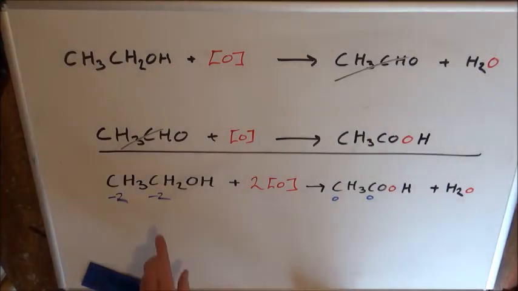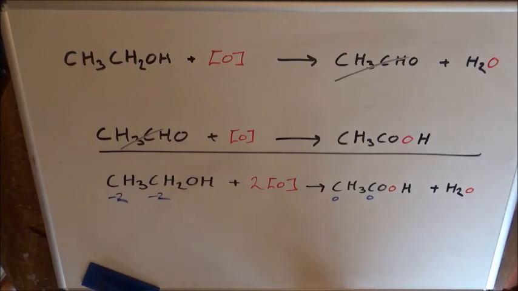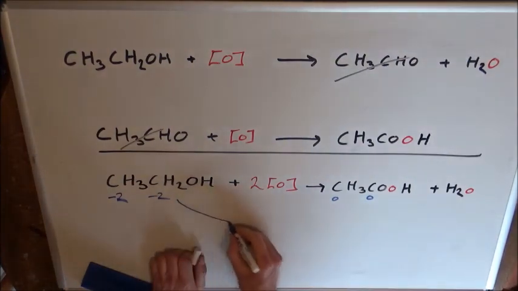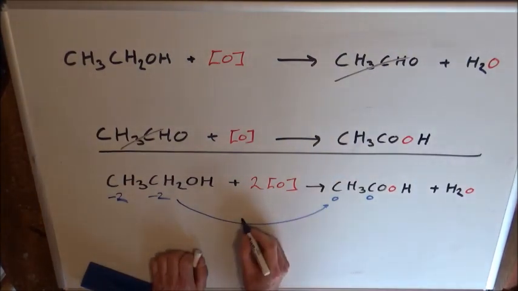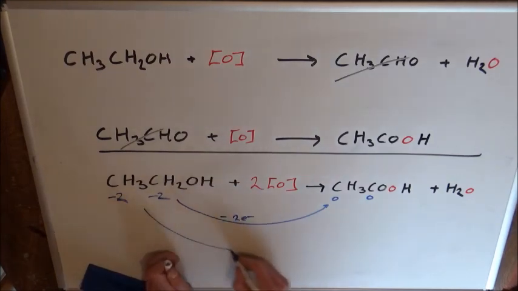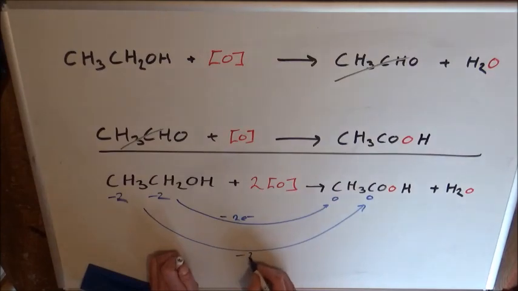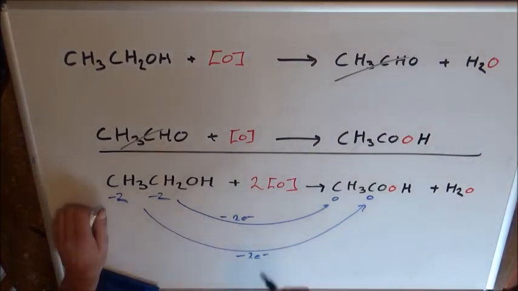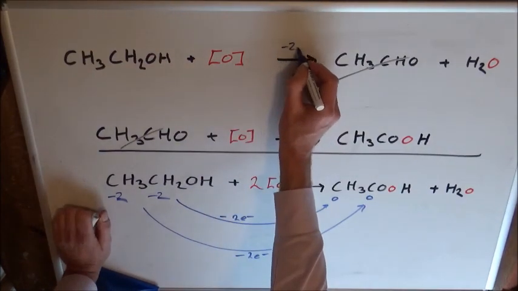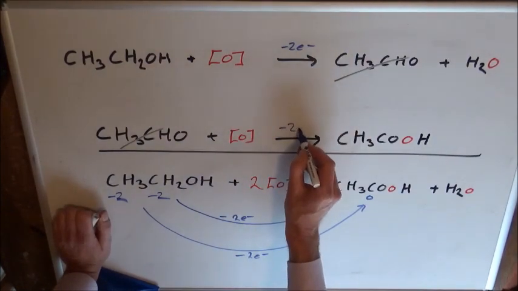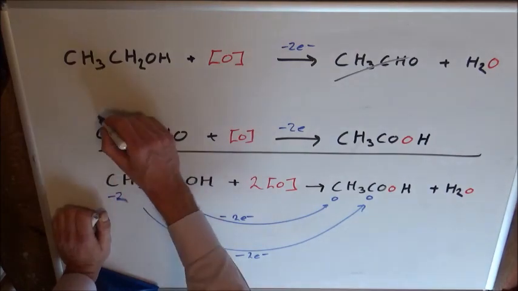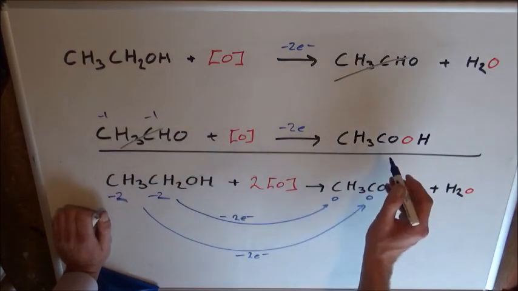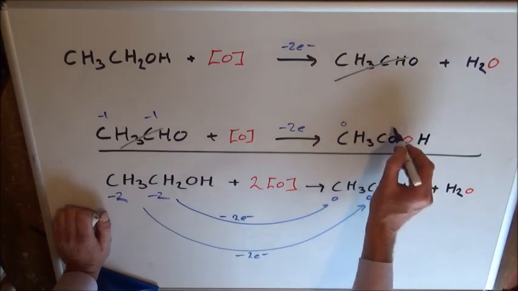Now here, of course, I've shown it in one big step. So to get from -2 to 0, you need to remove 2 electrons for that one, and you remove 2 electrons from that one. So that overall is a 4 electron oxidation. Here it's -2 electrons, and here it's -2 electrons, because here you're going from -1 and -1 to 0.